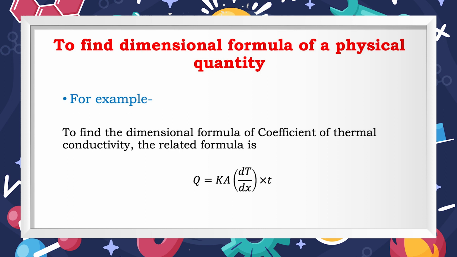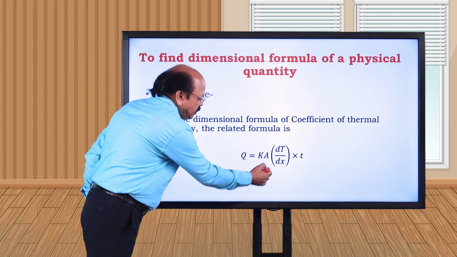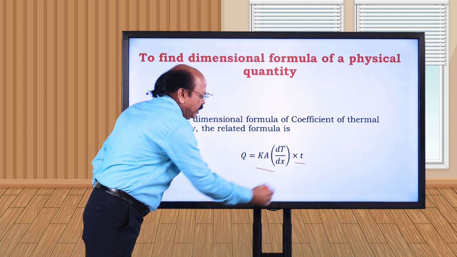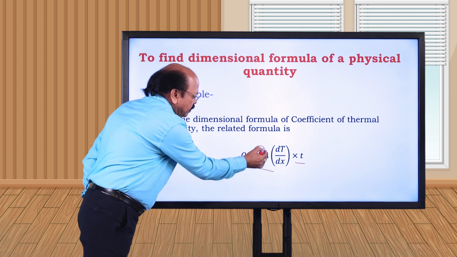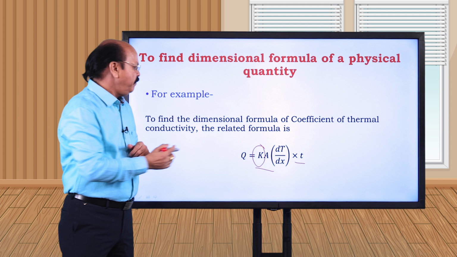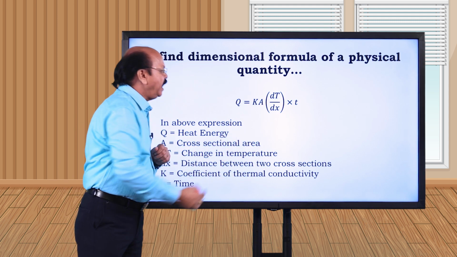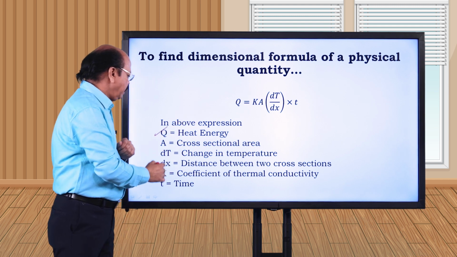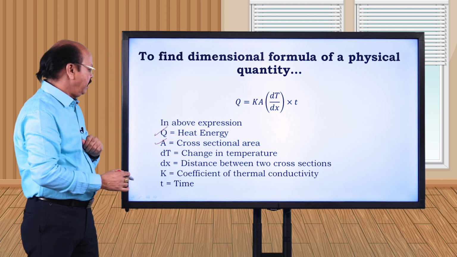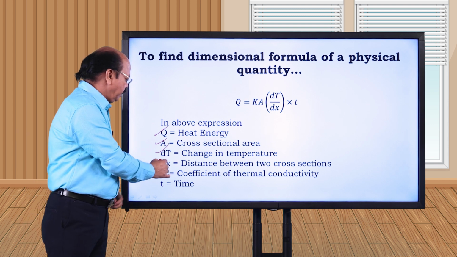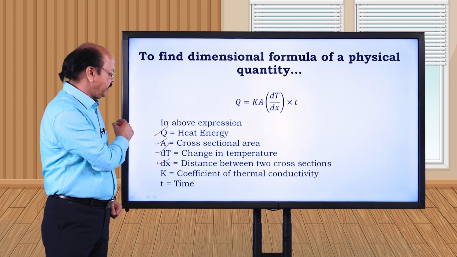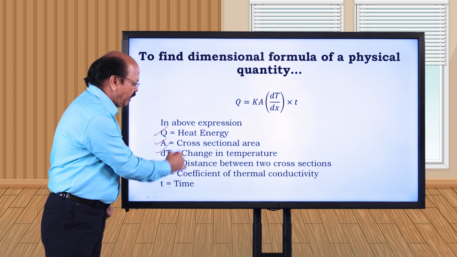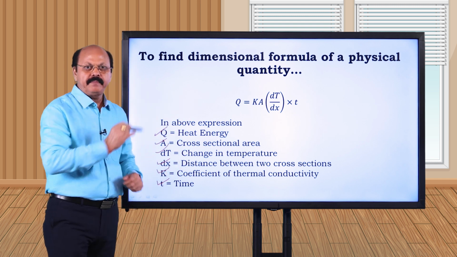For that purpose, we require the formula, and the related formula is Q equal to K A dT upon dx into t, and our aim is to find the dimensions of coefficient of thermal conductivity, that is K. Here Q is heat energy, A is cross sectional area, dT is change in temperature, dx is distance between two cross sections, K is coefficient of thermal conductivity, and t is time.